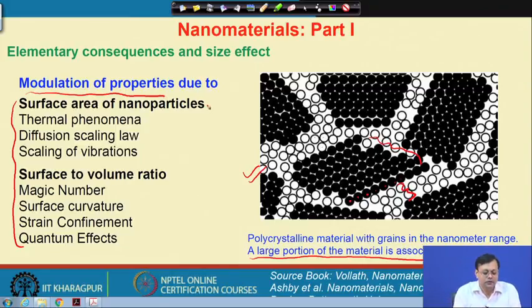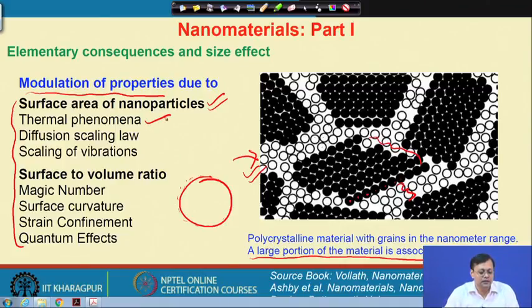So, to be short and brief, one can look at these elementary consequences which modulate the properties of nanomaterial. Very important is the surface, because whether these are individual particles, one can estimate the number of surface atoms, which could be very high. Now, there are other phenomena associated with this, like thermal phenomena and diffusion, which is also one very important elementary property.